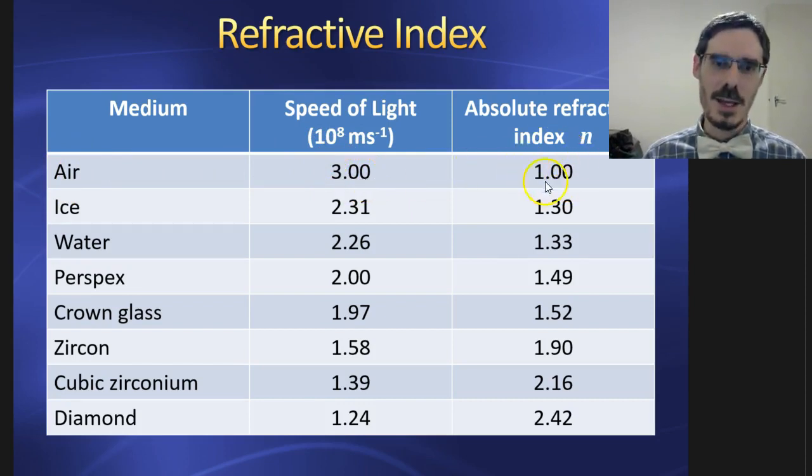So the refractive index of air is 1, same speed. But water, for example, light slows down to 2.26 by 10 to the 8 metres per second, which gives water an absolute refractive index of 1.33, and so on.